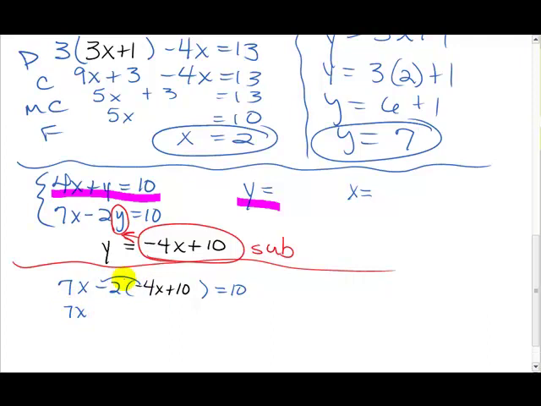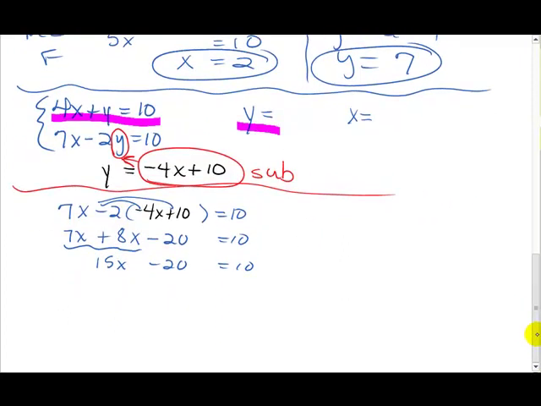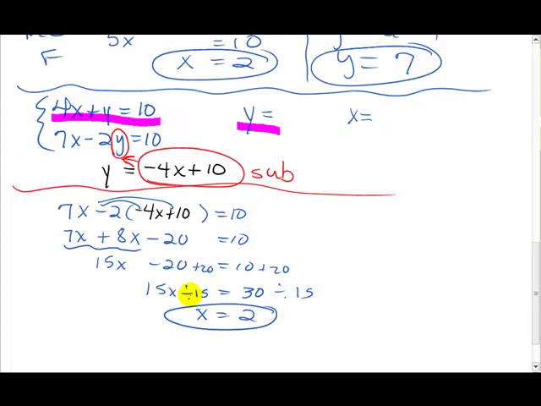We're going to distribute here and here. We're going to combine like terms. We're going to add the 20, divide by the 15, to get x equals 2.